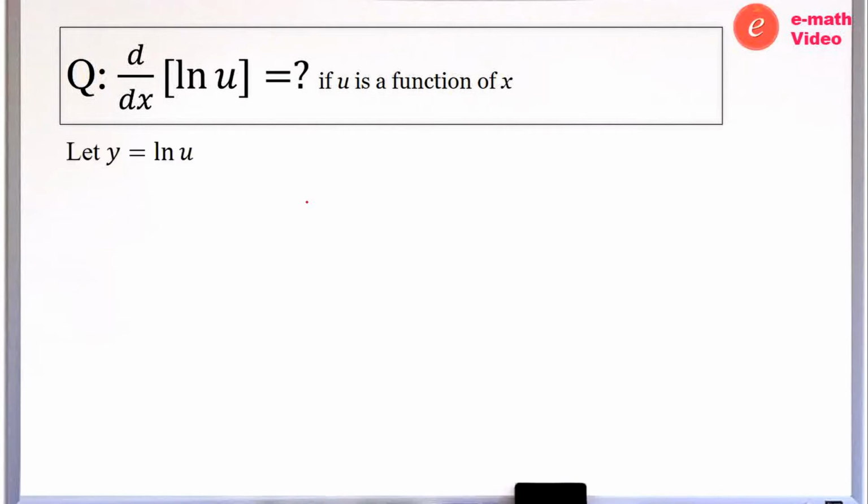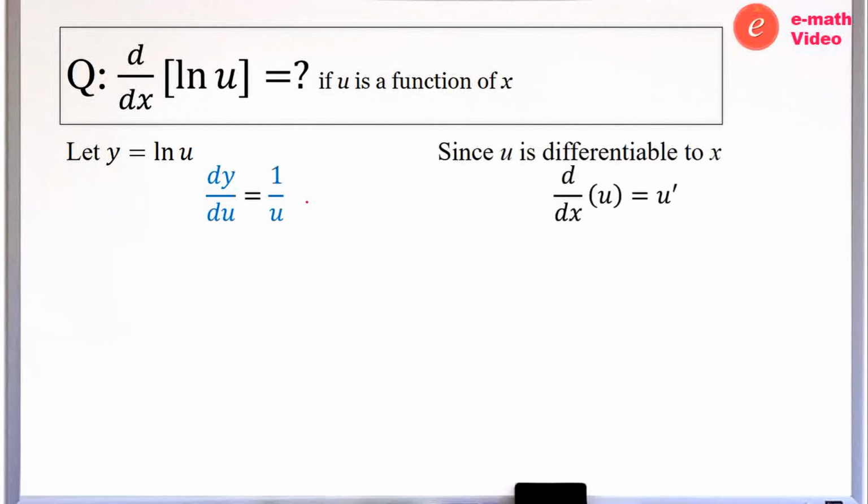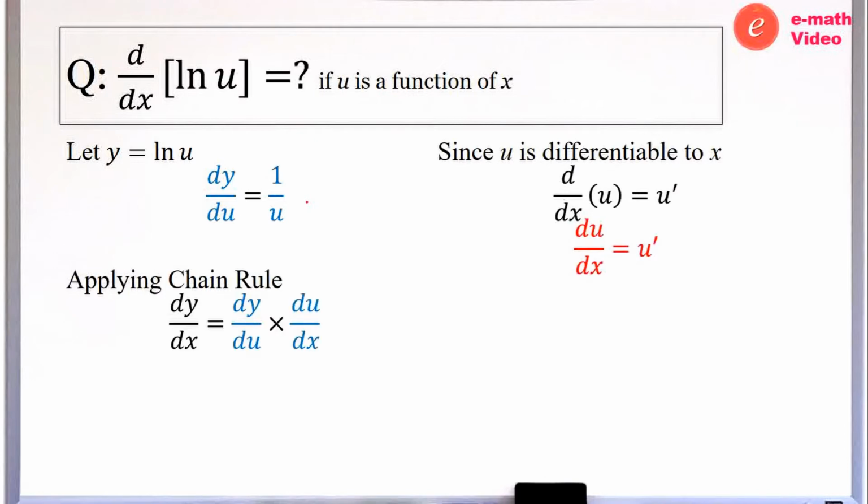We let y equal to ln u. Like what we proved just now, dy over du equals to 1 over u. Since u is differentiable function of x, derivative of u will equal to u prime. We can write du over dx equal to u prime. Now, summon our friend, and his name is Chain Rule. dy over dx equal to dy over du times du over dx.